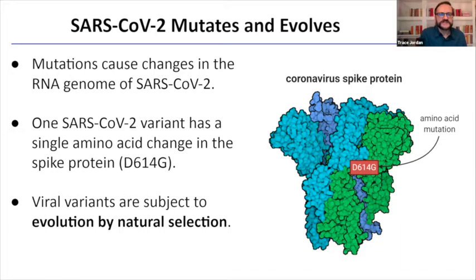Viral variants, such as this one, are subject to evolution by natural selection. So as with any type of natural selection, a genetic variant that has a selective advantage will tend to reproduce and become more successful within the population. And we're starting to see evidence for that for this particular variant of SARS-CoV-2.